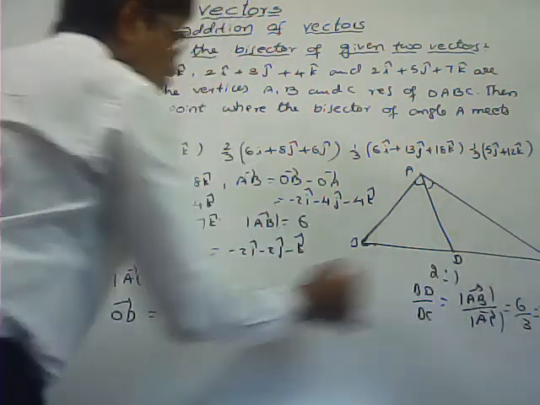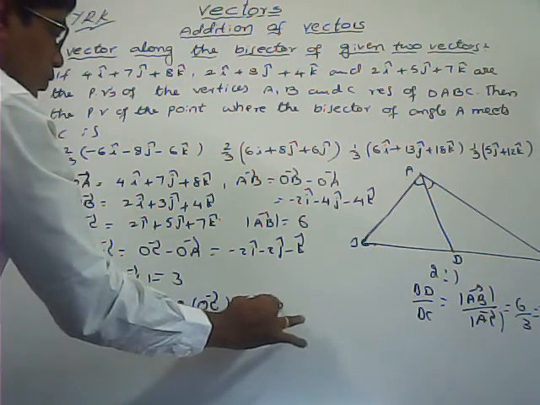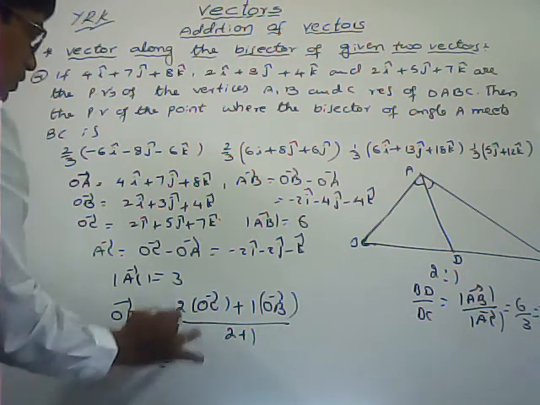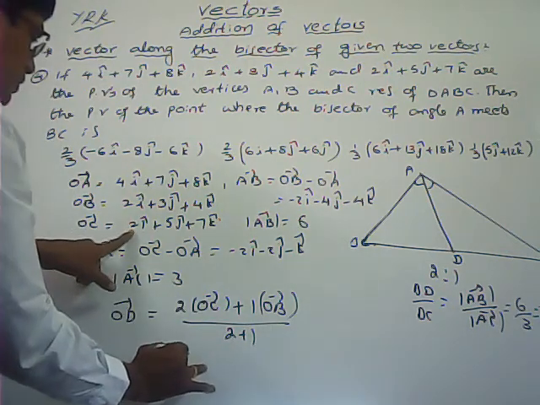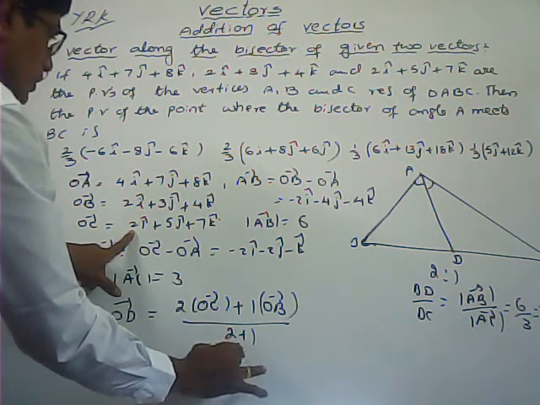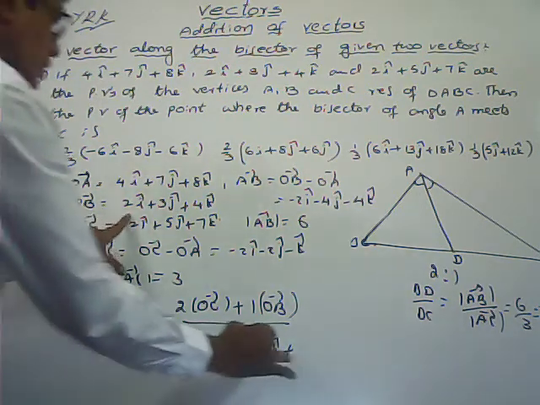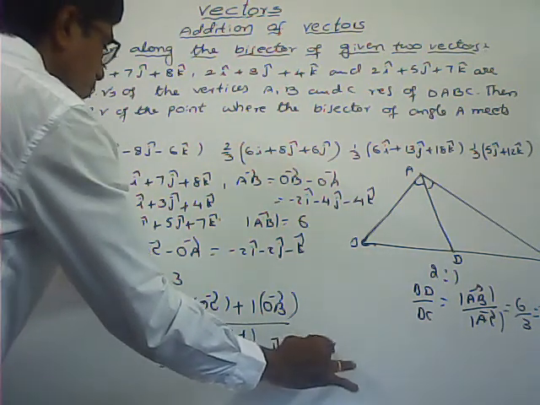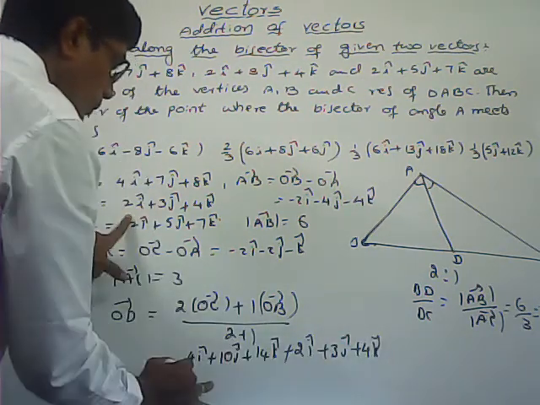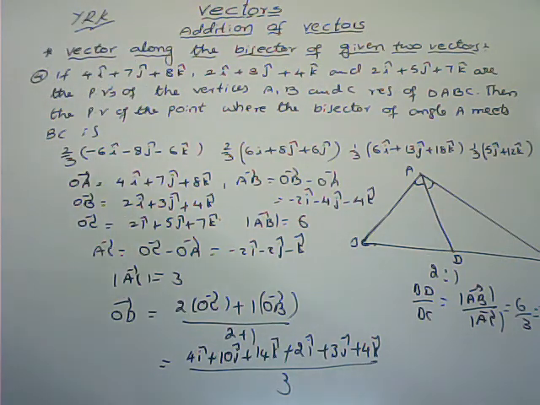Then m into OC bar plus n into OB bar by m plus n, that is 2 into OC bar plus 1 into OB bar by 2 plus 1. 2 into OC bar, that is 4i cap plus 10j cap plus 14k cap, plus 1 into OB bar, 2i cap plus 3j cap plus 4k cap, whole by 3. Here you can simplify that one and check the options. Thank you.